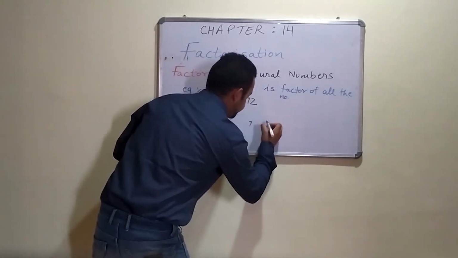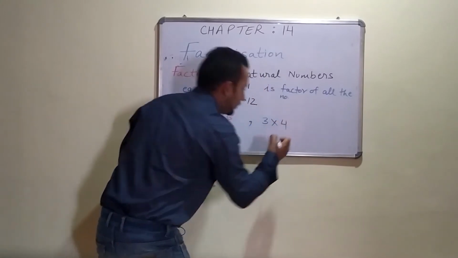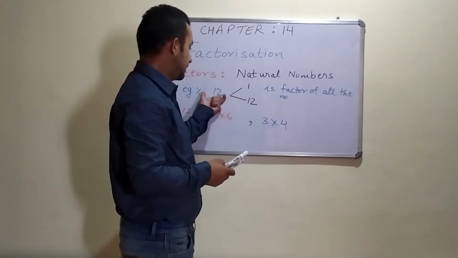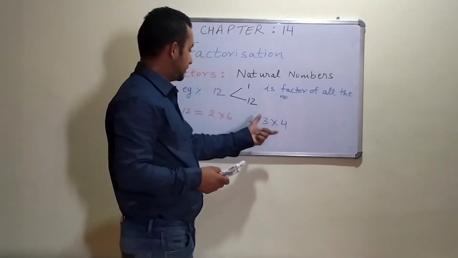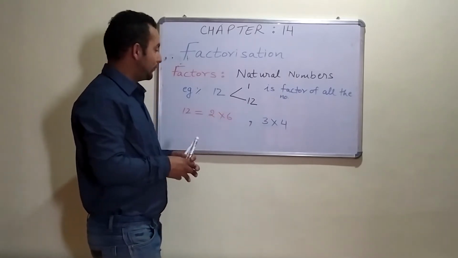And similarly, 3 fours are 12, so 3 and 4 are also factors of 12, and 2 and 6 are also factors of 12.